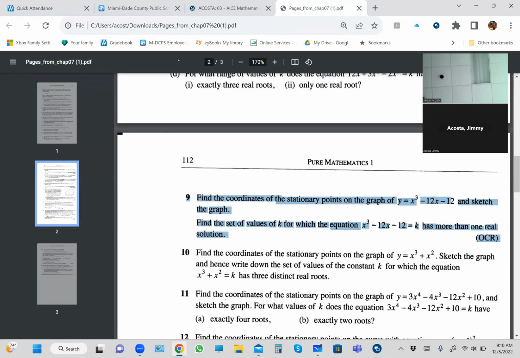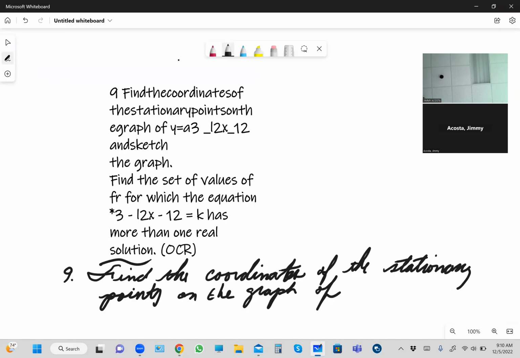Let me go back to it. y equals x to the third minus 12x minus 12. And sketch the graph.